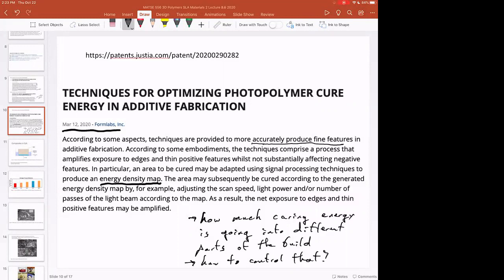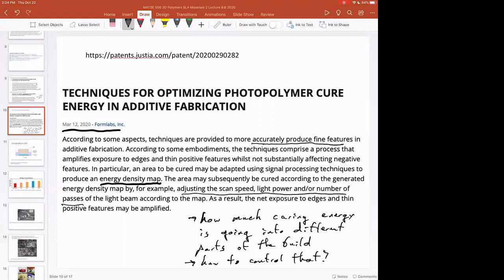So how do you make this map in the first place? And then how do you adjust the scan speed, light power, number of passes, etc., in order to get the net exposure for thin features and edges that you want?